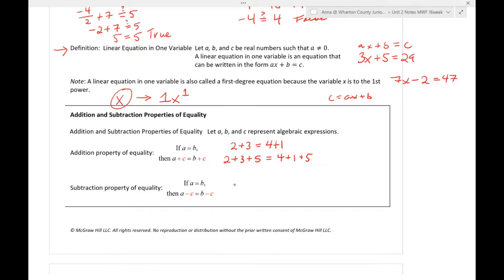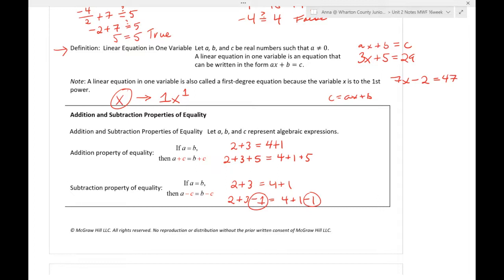We'll use the same numbers: 2 plus 3 equals 4 plus 1. That is true. If I subtract the same thing from both sides, in this case let's subtract 1, we subtracted 1 from both sides, so now both sides are equal to 4.